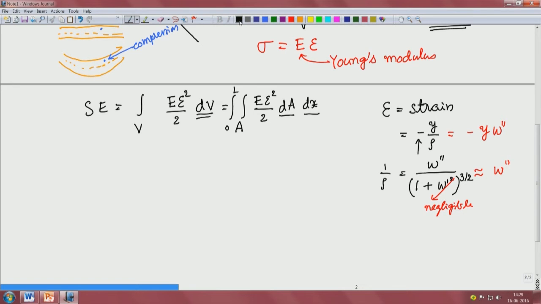So, now if we come back to this, we can write this as integral 0 to L E epsilon square, that is y square w double prime square by 2 dA dx. Now, we will rearrange a few things to take out the things that do not change over the area, E of course, and then w double prime square also, because that is something that does not change over the area of cross section.